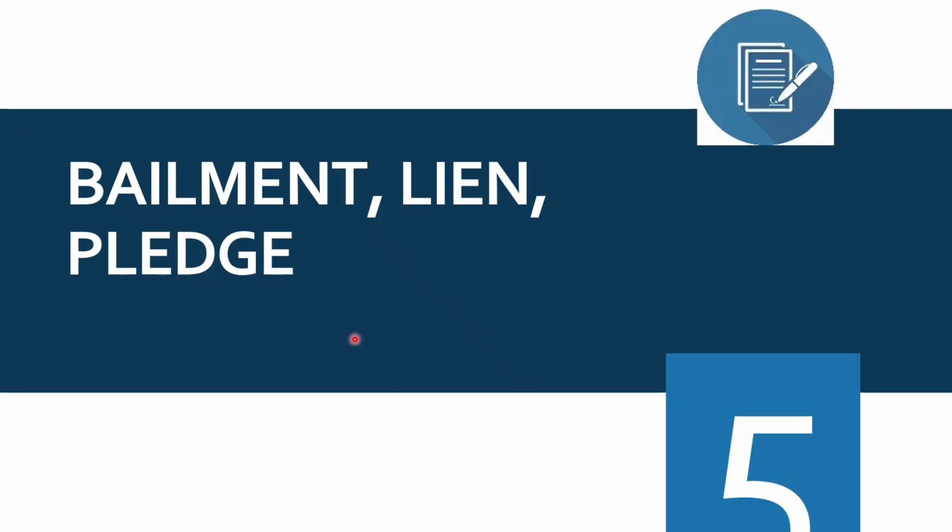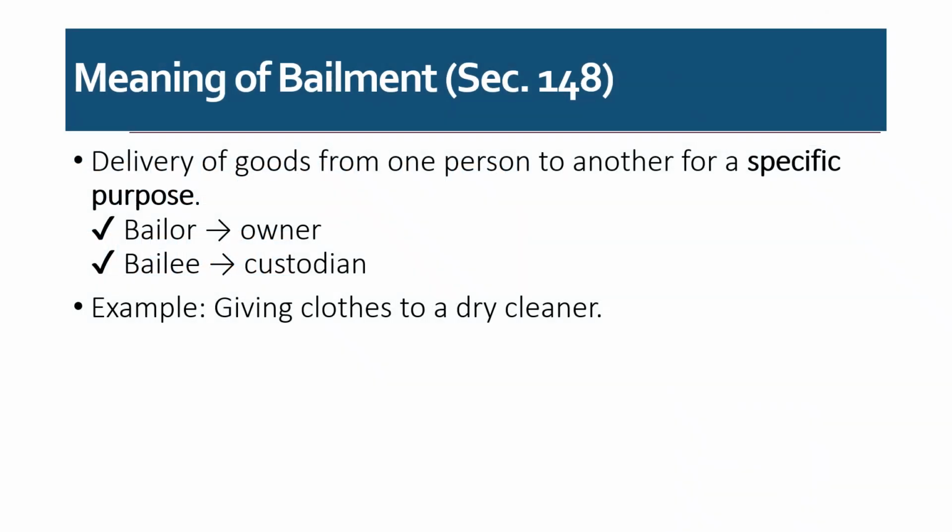Let's now move to the fifth part of the unit, which is bailment, lien and pledge. Starting with the meaning of bailment, section 128 defines it as the delivery of goods by one person to another for a specific purpose under a contract that the goods shall be returned or disposed of as directed.